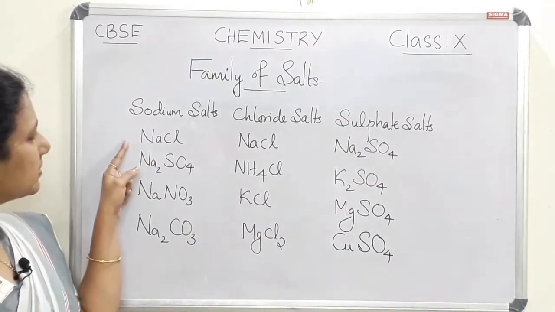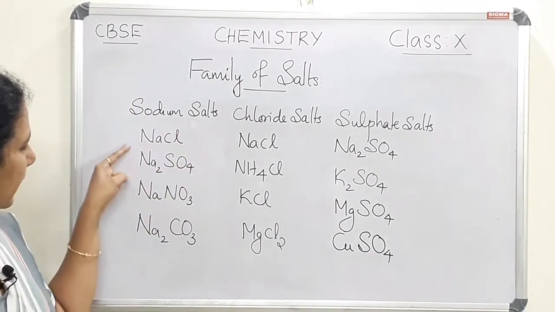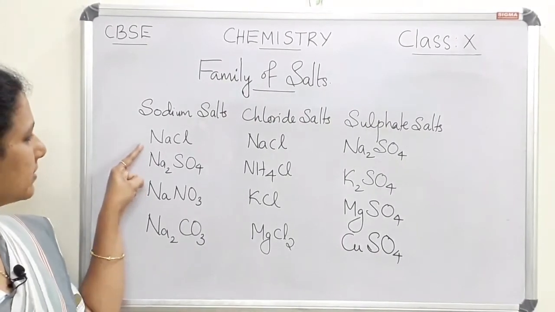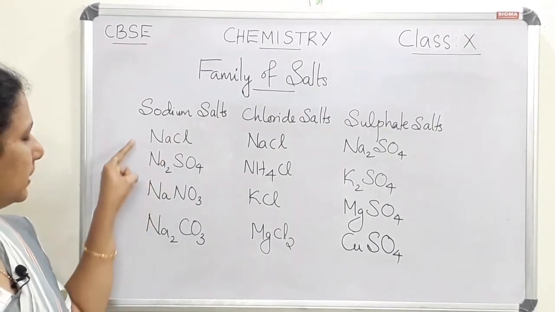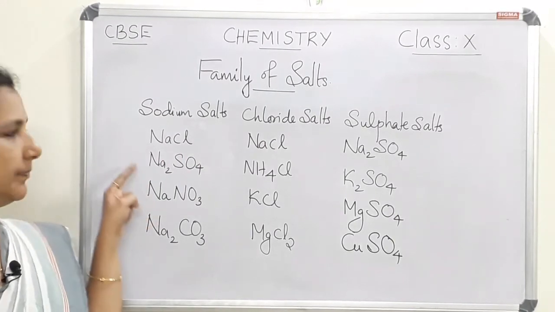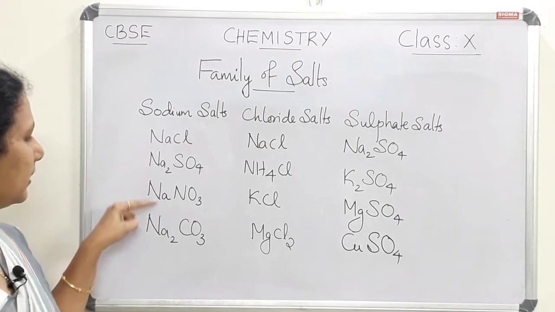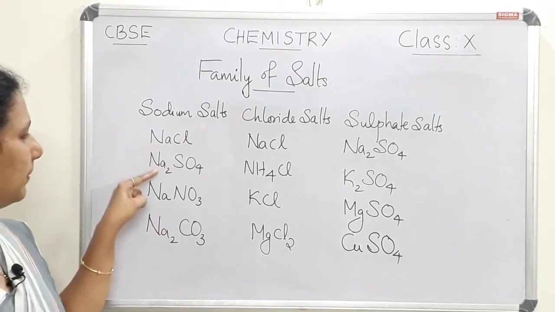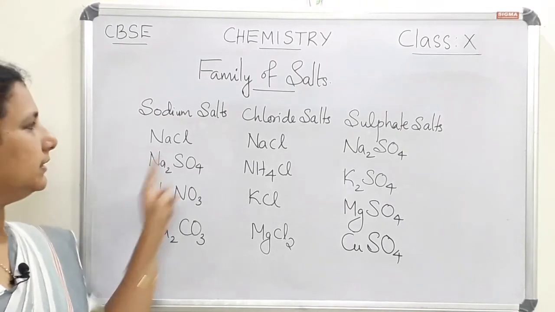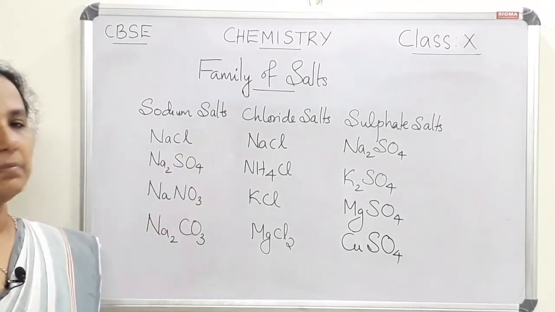How do we identify that these salts are under this family? We have to check the similarity. Here the positive part is the same, sodium, so all these salts come under the family of sodium salts.